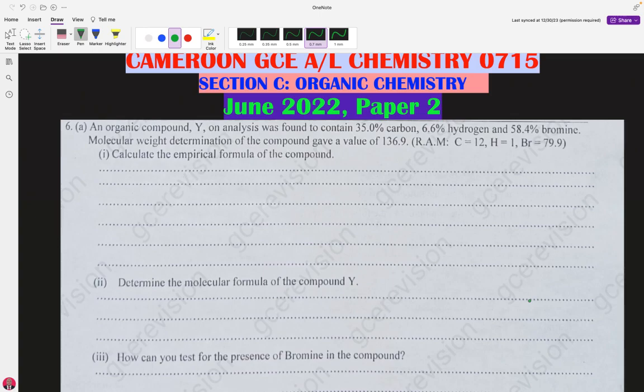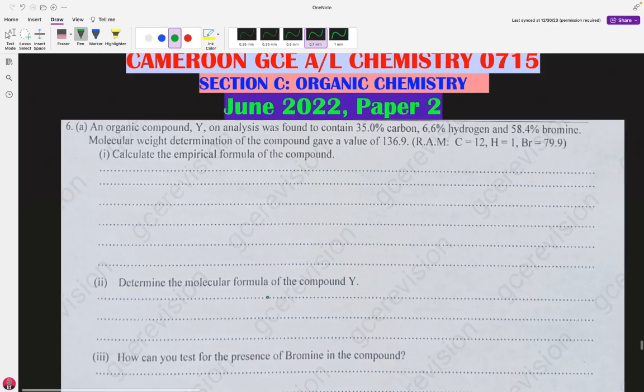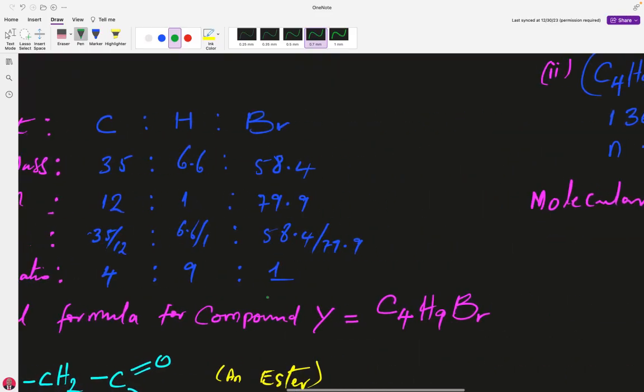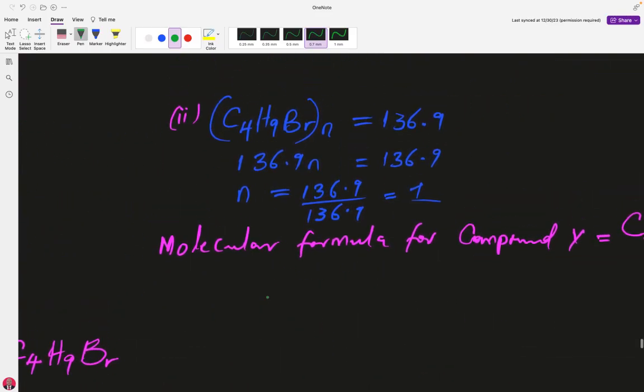The molecular formula of the compound Y, because we have been told the molecular weight determination of the compound gave a value of 136.9. We have to use that in determining the molecular formula. I also did part of it here. Here, the molecular weight is what? We had our formula.